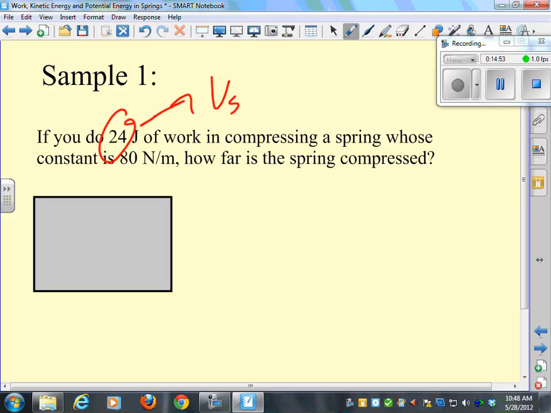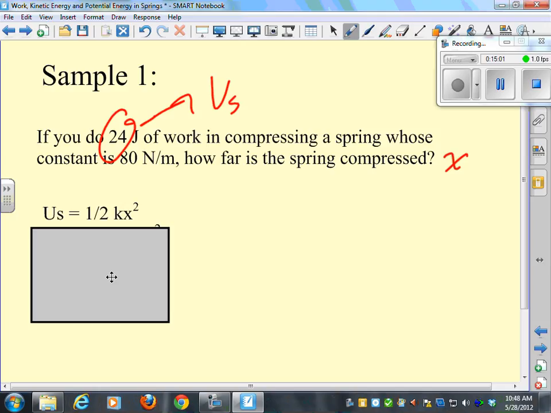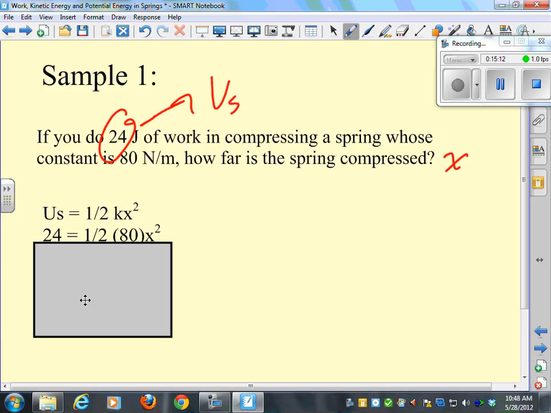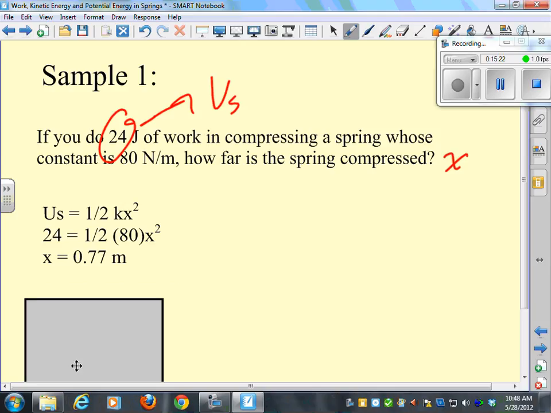We want to know how far it's compressed, which is x or d if you prefer. I think it's a simple matter of U_s equals 1/2 kx squared. That's the formula I just derived. So the potential energy is 24 equals 1/2 times 80 x squared. Take half of 80, which is 40, then divide 24 by 40, and then square root: 77 centimeters.